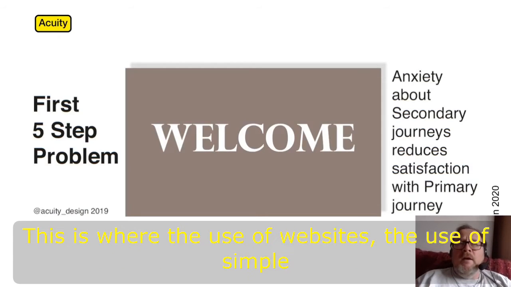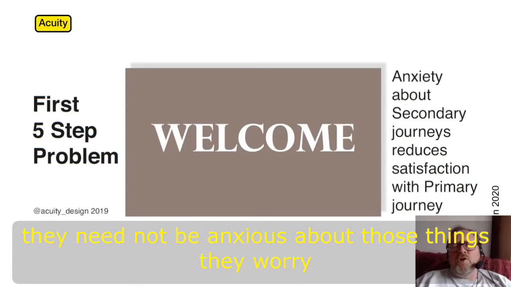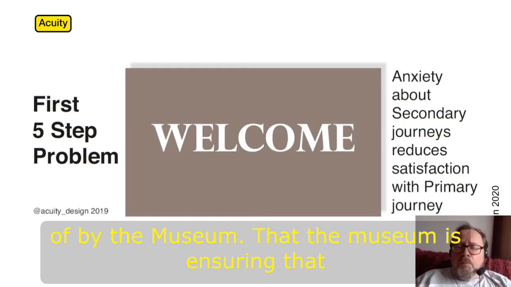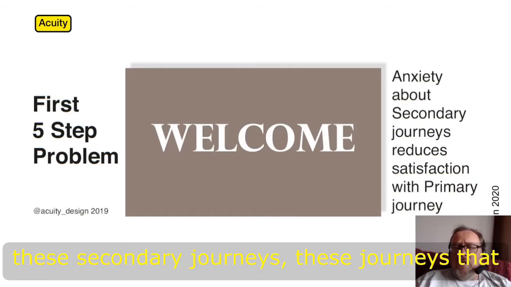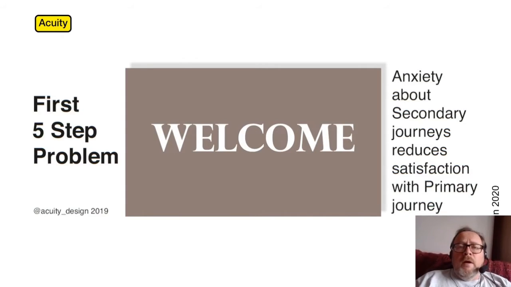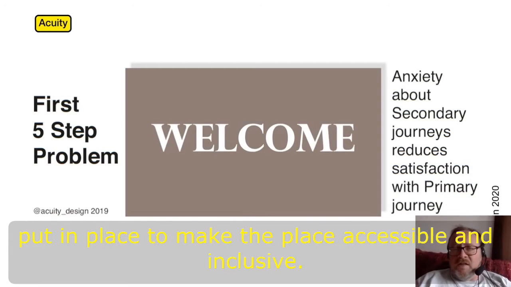And this is where the use of websites, the use of simple technologies, ensures that people know they can not be anxious about certain things which they worry about before they even go out, have been thought of by the museum, and that the museum is ensuring that these secondary journeys, these journeys which we'll talk about, the personal sense of comfort, have been considered, and that things have been put in place to make the place accessible and inclusive.